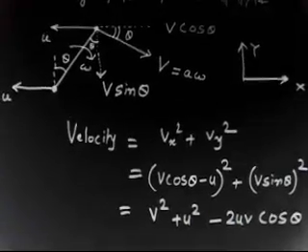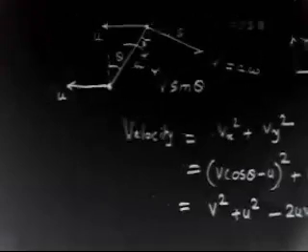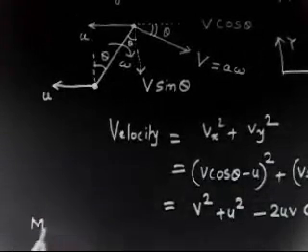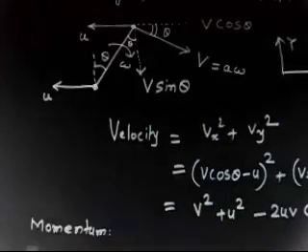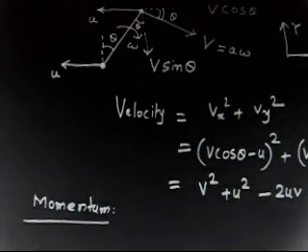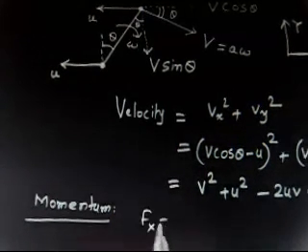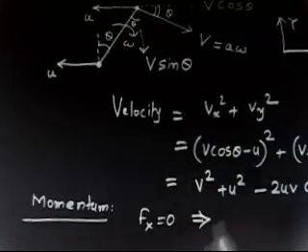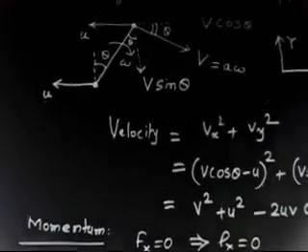Let us apply two equations. First I will apply the momentum conservation equation. Initially the system is at rest in the x direction, so there was no momentum in the x direction. There is no external force acting in the x direction, so F external Fx is 0, and momentum in the x direction is conserved.